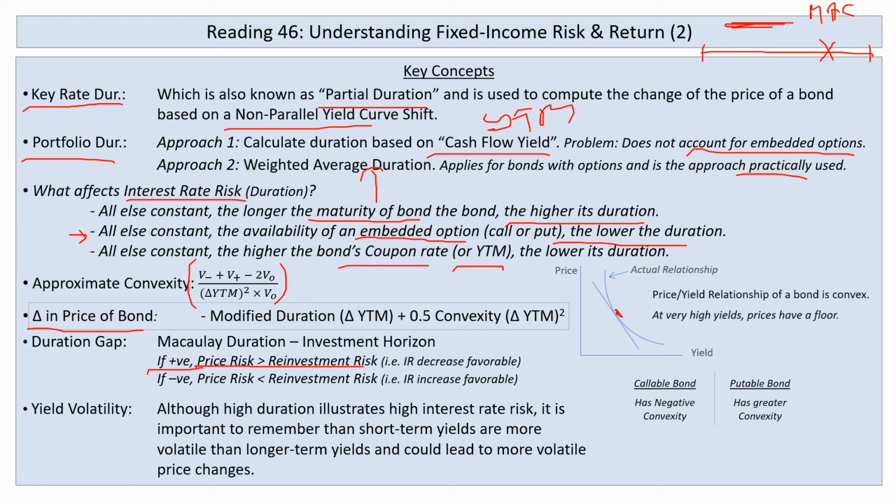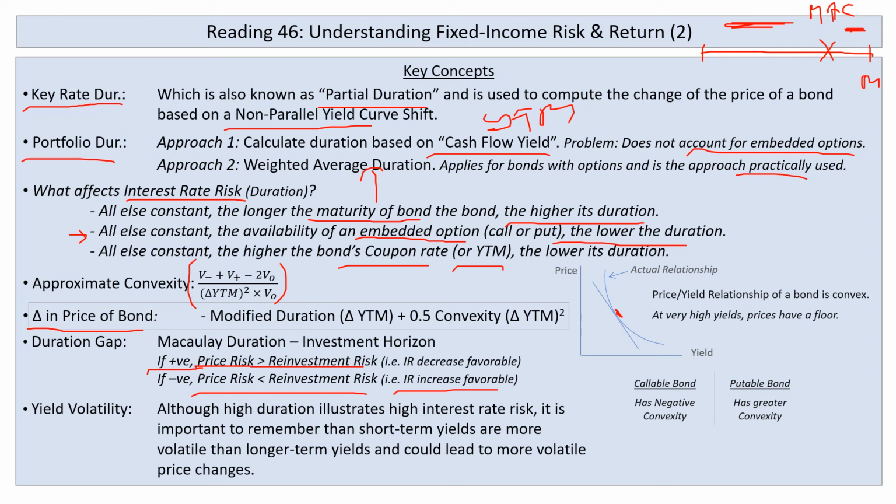However, if you hold the bond at some point over here, which is the point after Macaulay duration but before maturity, then you have a negative duration gap. Your price risk is lower than reinvestment risk, and that means that any increase in interest rate would be favorable. Why? Because you would be reinvesting all your coupons at a higher interest rate for a longer period.